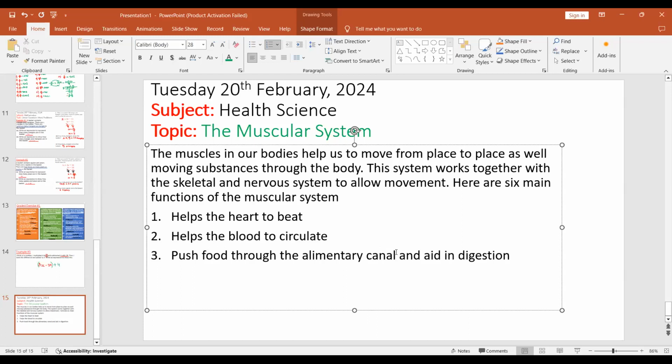When we talk about the alimentary canal, we're talking about the tube, that area where the food is going to go through, starting from your mouth all the way down to your esophagus, then into your stomach, then into your small intestine, and then into your large intestine. It's that same progress, that flow, right?